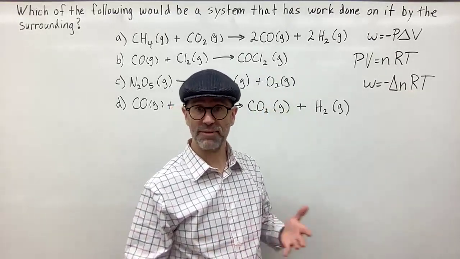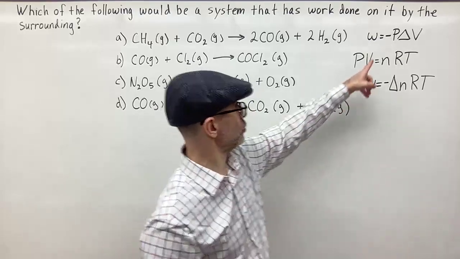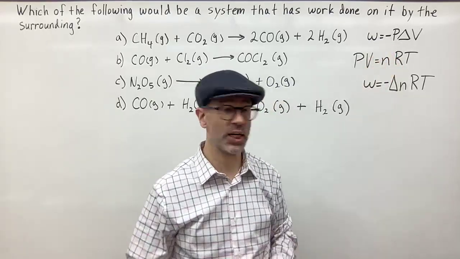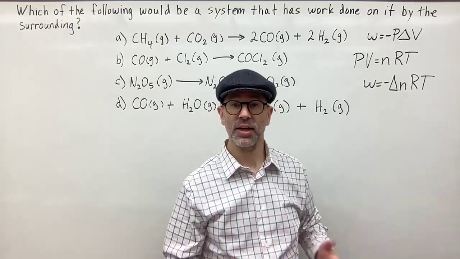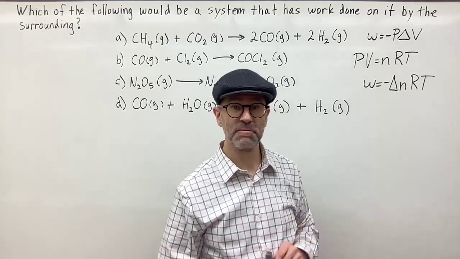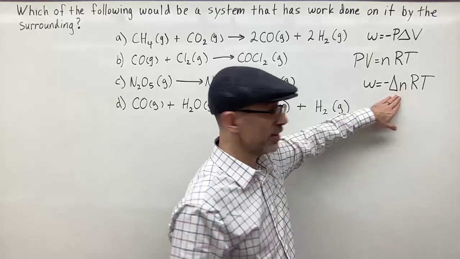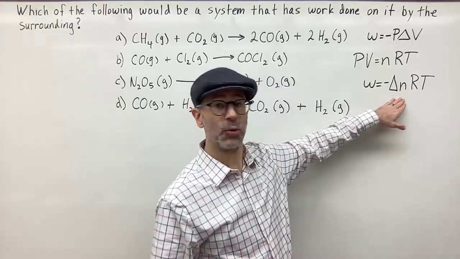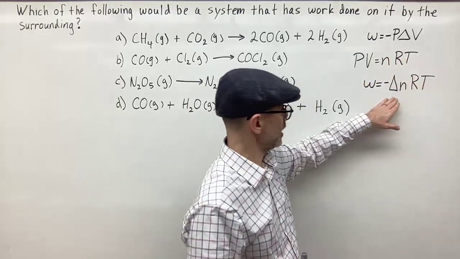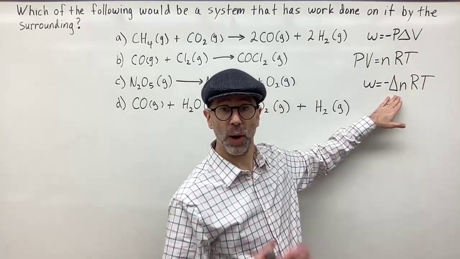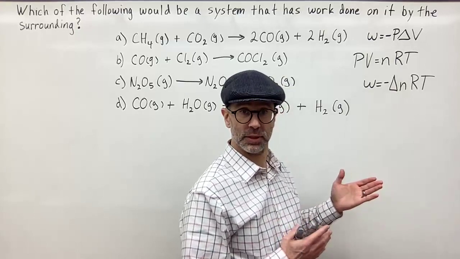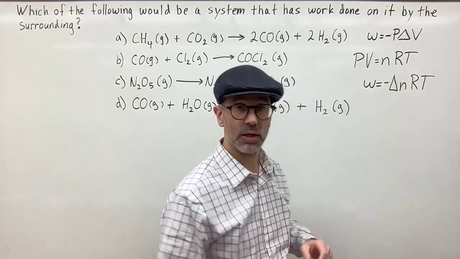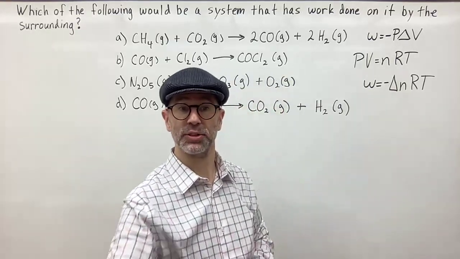Because we're assuming that pressure is constant here, we can assume that temperature is going to be constant during the reaction, so that's not going to affect anything. This is useful because now we can use this to determine whether or not work is going to be done on the system or on the surroundings.